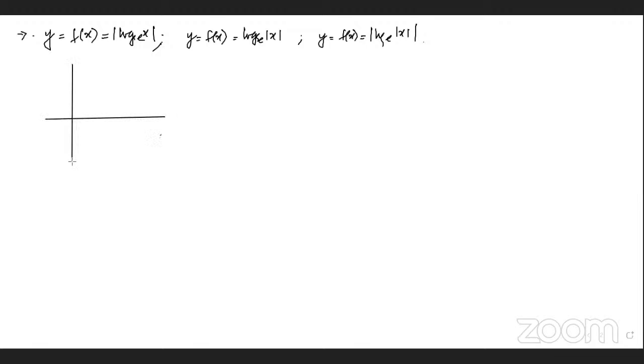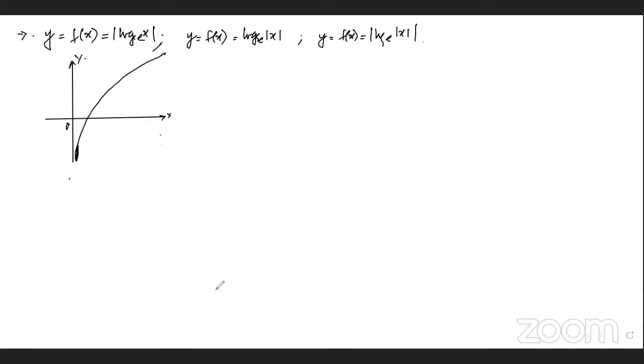You can always trace it। This is 0, this is real x's, and this is y। So the graph for the log x is, wait a second, it will be like this is the graph for the log x। Is that clear?